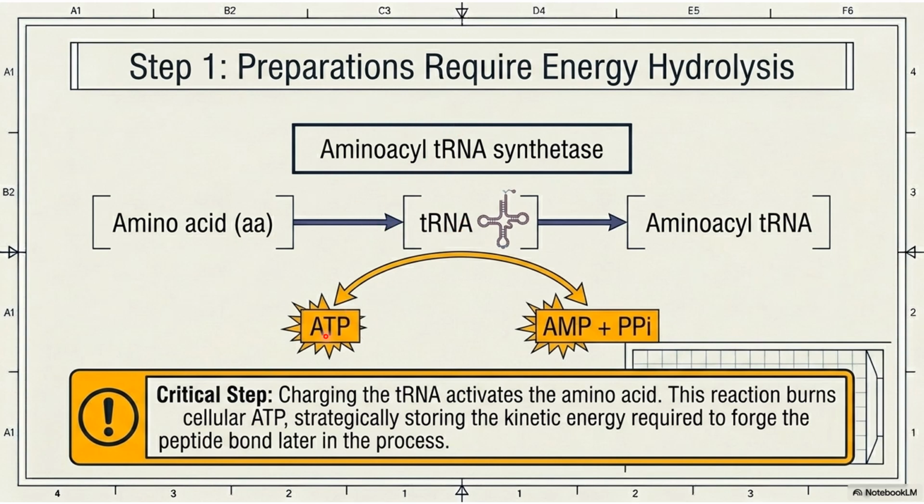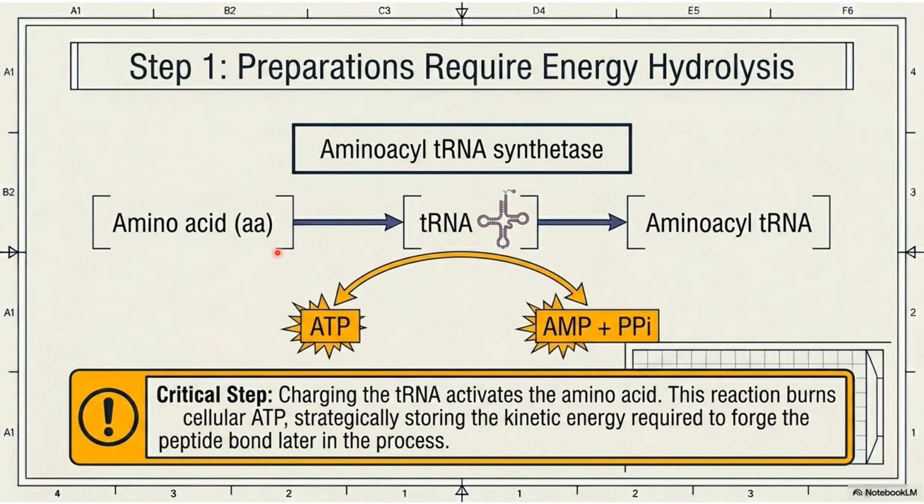For this we need energy. It is a highly energy consuming process. It utilizes ATP, and this energy usage is a strategic point. How this will be utilized in the future peptide bond formation for protein synthesis, we will see later.